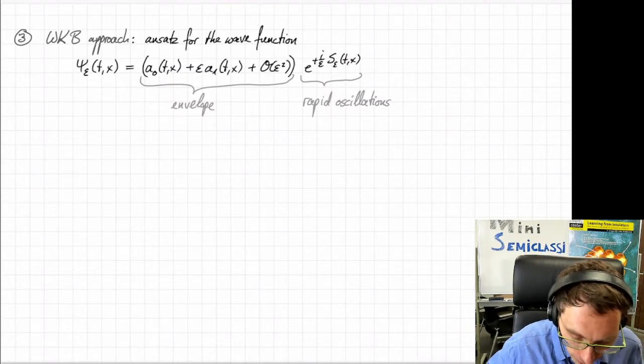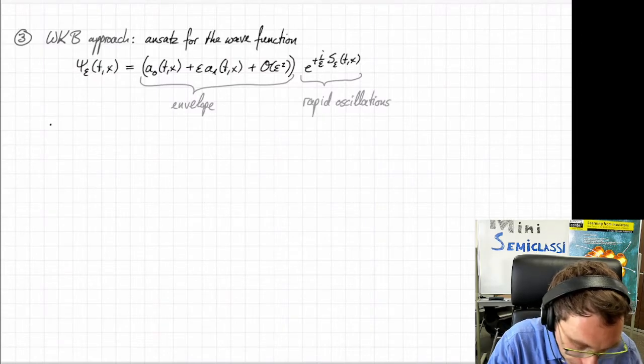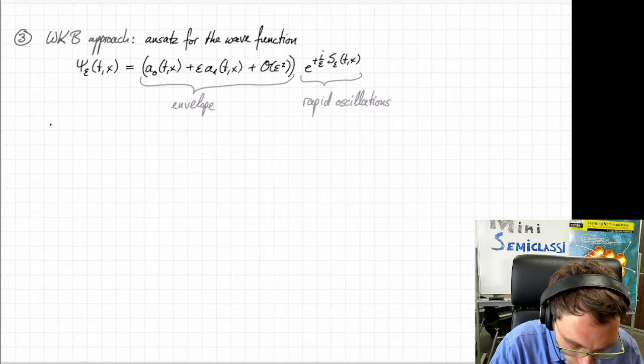And roughly speaking, the idea is as follows. What you do is you plug this ansatz into the Schrödinger equation.